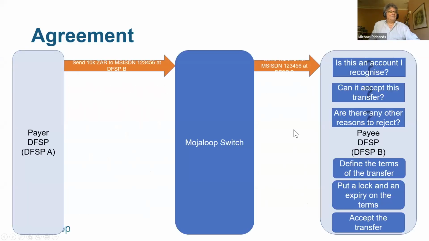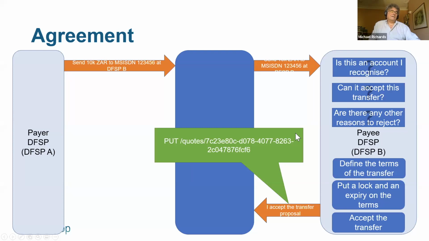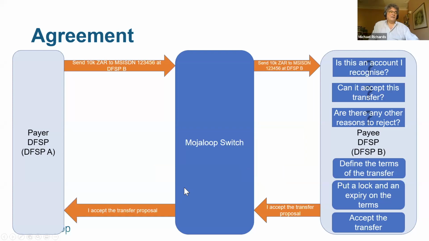Okay, so the payee now accepts the transfer, and it returns the quote with the terms. This large number will be the unique identifier that the payer said, this is the identifier for the quotation request. It goes back to the payer, and the payer, when it finds that, knows that the proposal has been accepted by the payee.